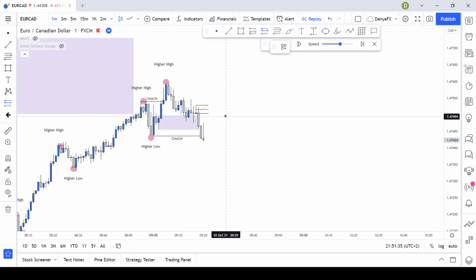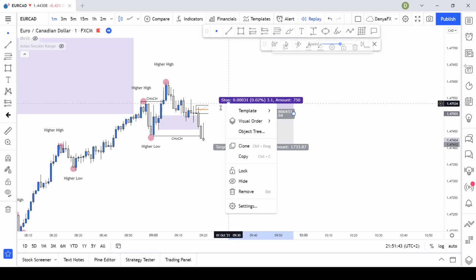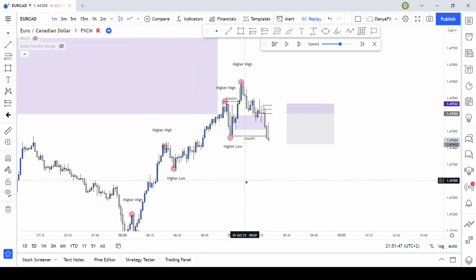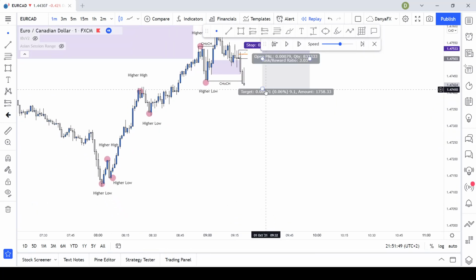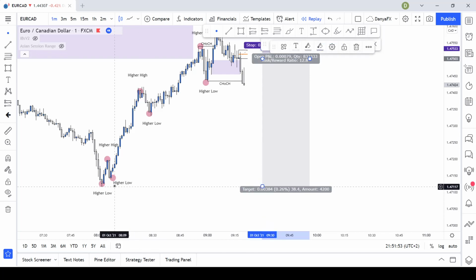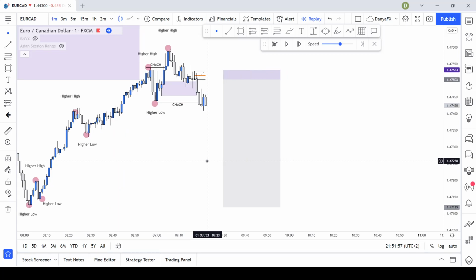In this case, we can set a limit order just here and put our stop loss just above this line here. In this case, we can even make it 3 pips. Put our target, just for this example, at the low, because that's not really important in this video.